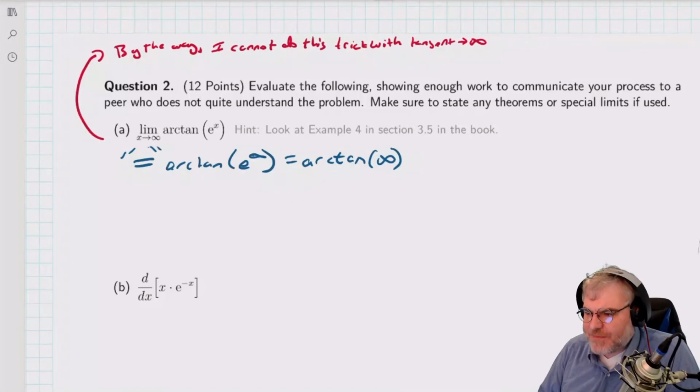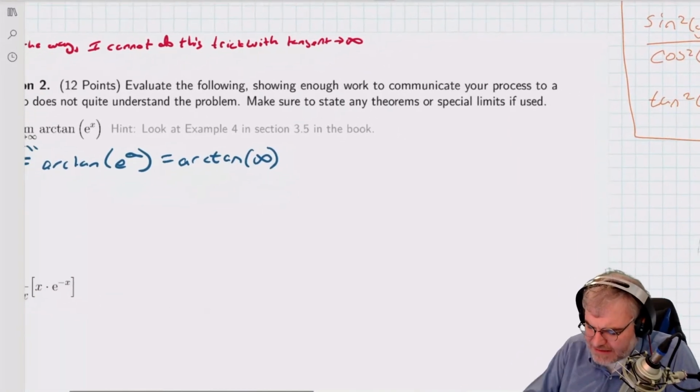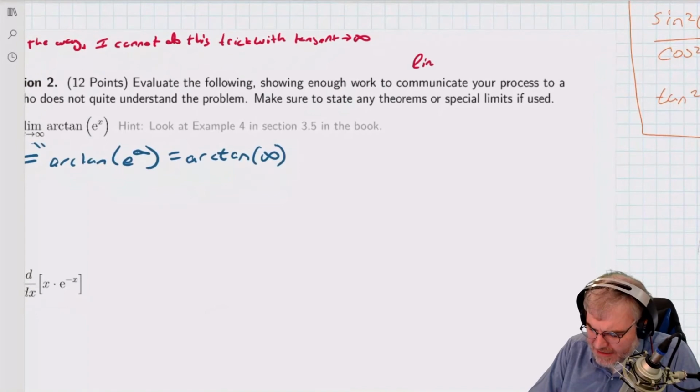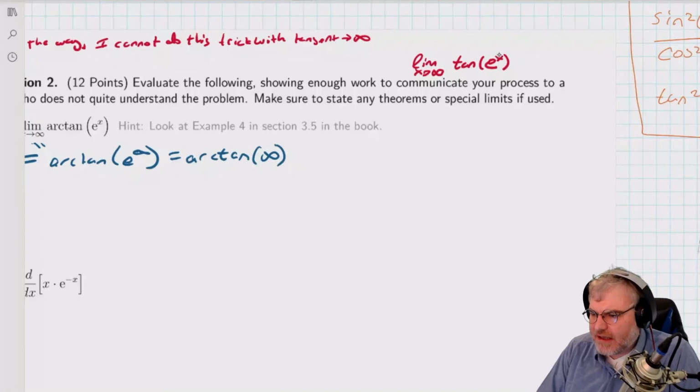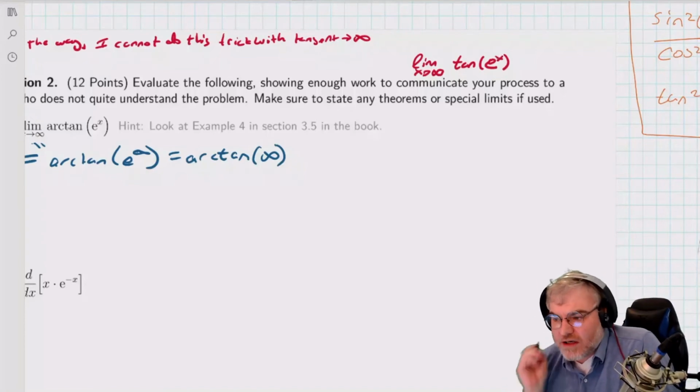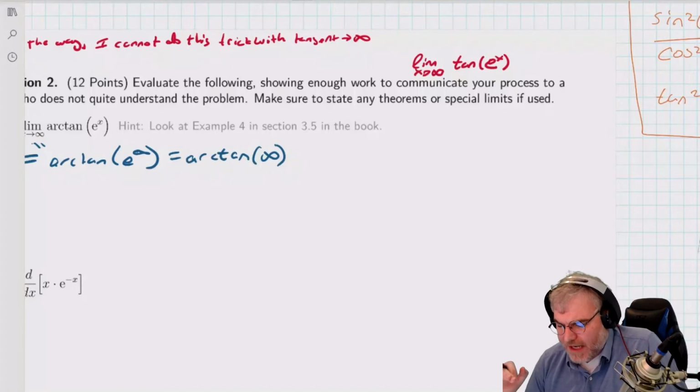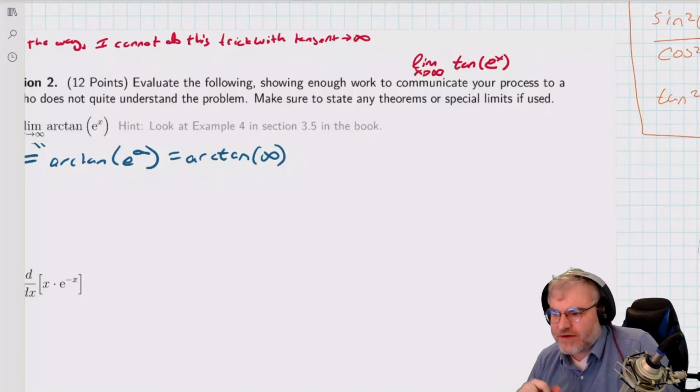So if I had something like the limit as x goes to 0 from the right of tan of e to the infinity, tan of e to the x, I actually can't do this because tan is not continuous. So I can't just sub in the infinity here. There's a subtle thing. I can on tan star because tan star is continuous over its domain. But tangent isn't. So you can't just sub in.